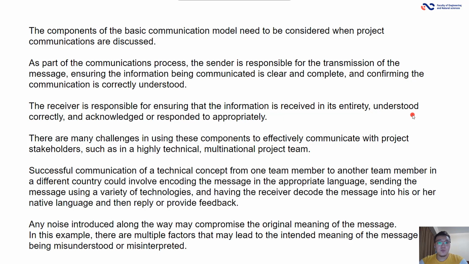The components of the basic communication model need to be considered when project communication is discussed. As a part of the communication process, the sender is responsible for the transmission of the message, ensuring the information being communicated is clear and complete, and confirming the communication is correctly understood.